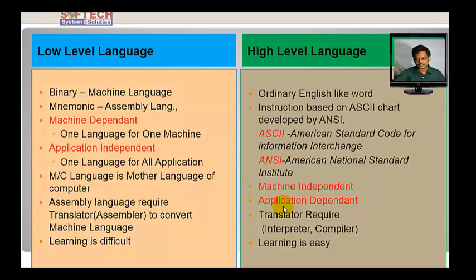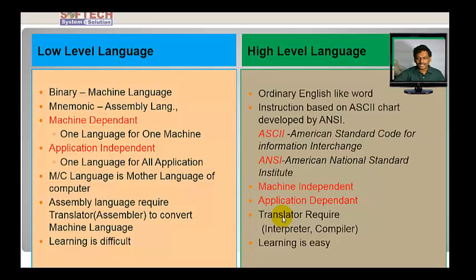If we want to write a business application, COBOL is suitable only for business applications. COBOL is not suitable for mathematical applications. For mathematical applications, we can write in Fortran.